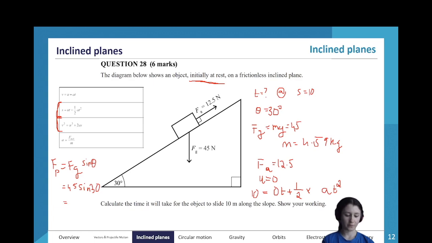So we'll get 45 sine 30 gives us an answer of 22.5 newtons. Alright, so this is the force parallel to the incline of the plane.